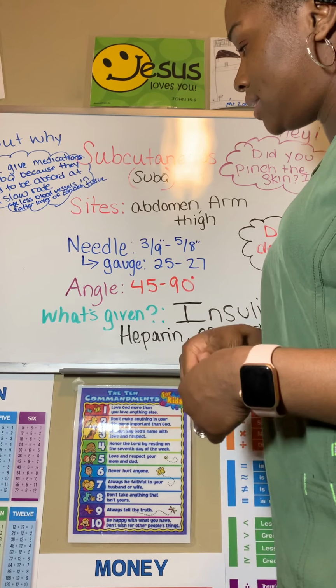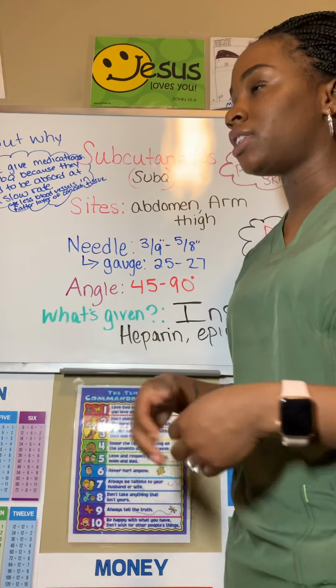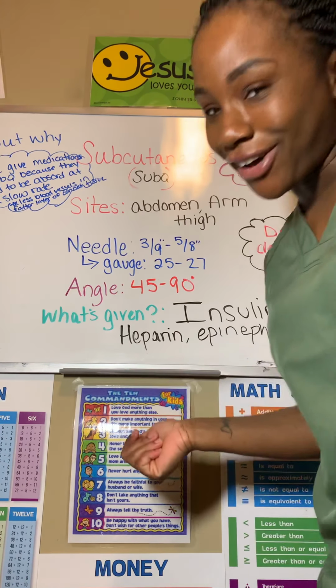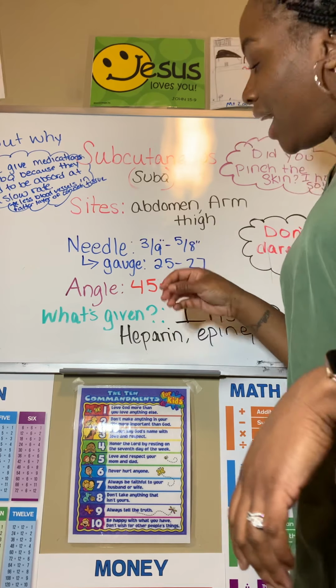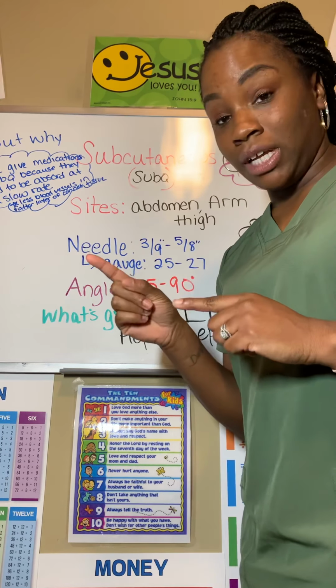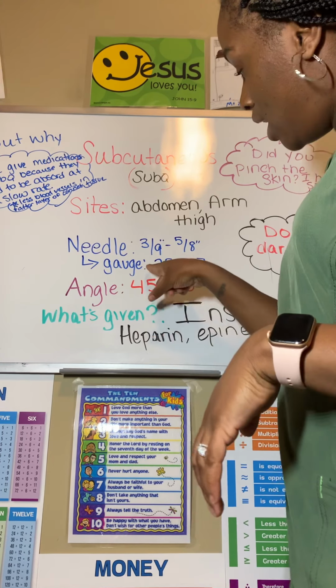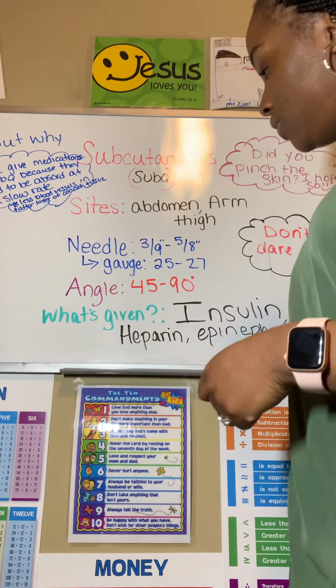And then you want to take into consideration, well, I'm giving a subcutaneous injection. What needle am I using, right? That's important. So the needle size is 3/8 to 5/8 inches. And the gauge of that actual needle, meaning the bevel, that open area where the medication's coming out of, is 25 to 27 gauge that you'll be using.